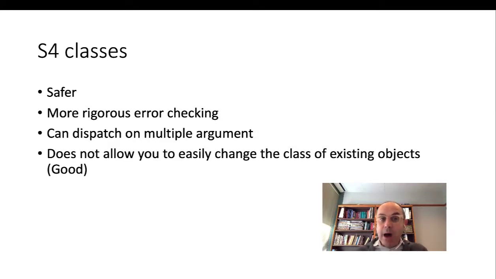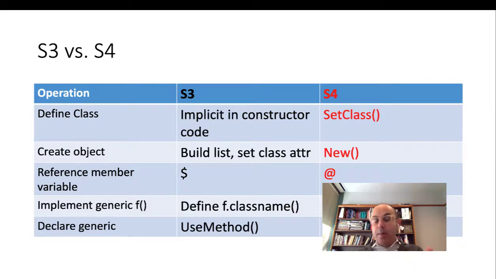Okay, so now to the second class, and this is S4. It is a little bit safer, and it allows us to have multiple arguments in one class. So this is a good thing, and I will try to make a comparison between S3 and S4. When you define a class in S3, you implement the constructor code.